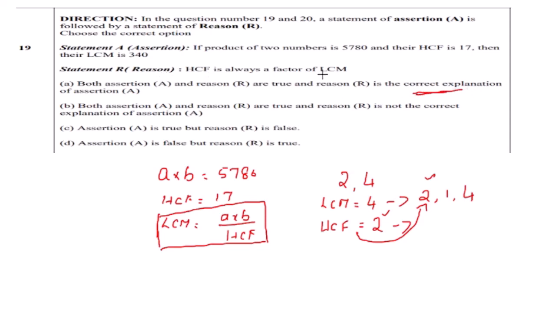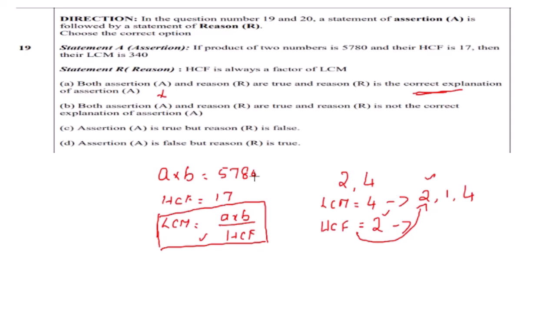HCF is always a factor of LCM. It is not the correct explanation for the statement A, because if the reason they are given is this formula, LCM is equal to A into B by HCF, then it is the correct explanation, right? Then it will be the correct reason. Now this option A is wrong, right, children? Now B, both assertion A and reason R are true.